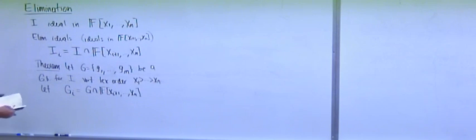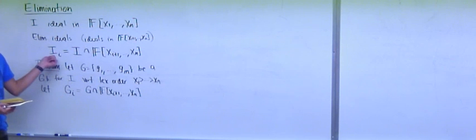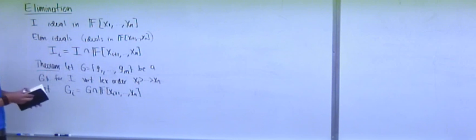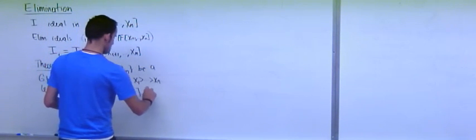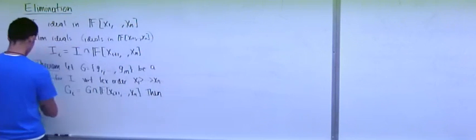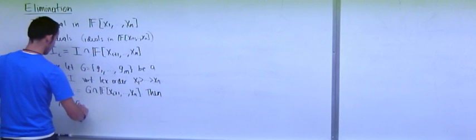Then I said that basically these guys generate this elimination ideal, and in fact Gi is a Gröbner basis for this elimination ideal.